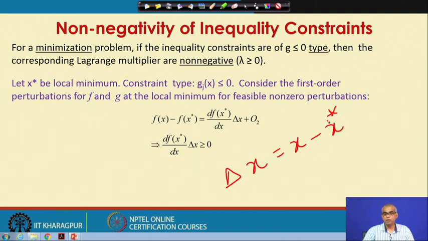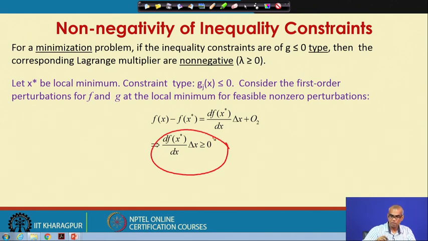So, if the function has a minimum at x star, then f x minus f x star will be greater or equal to 0. So, this allows me to write that df dx into delta x at x equal to x star is greater or equal to 0.